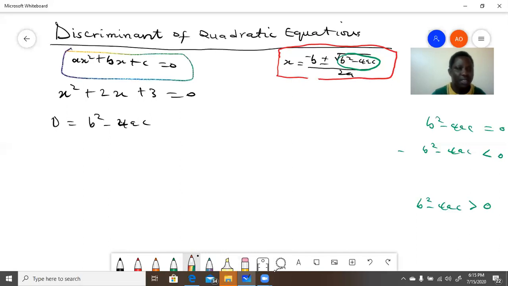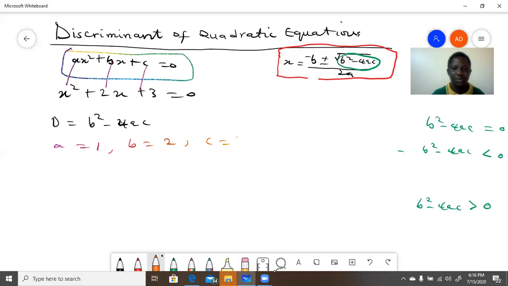Now, when you compare this to this, you can see that a equals 1, b equals 2, and c equals 3. Let me write it clearly.